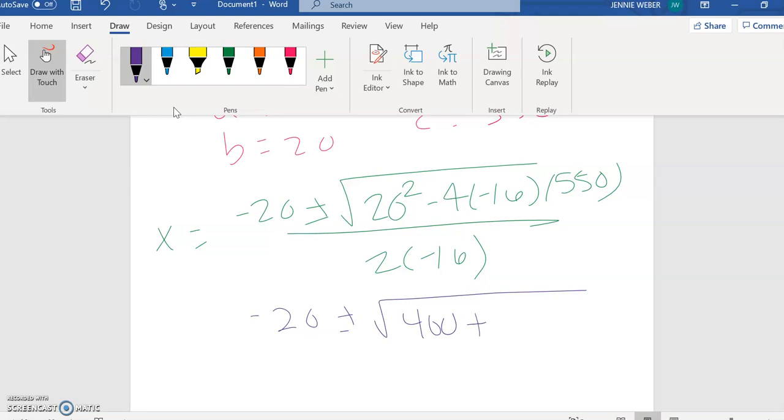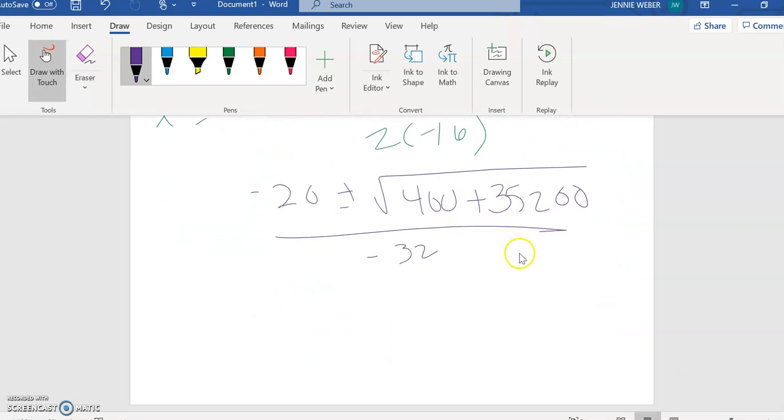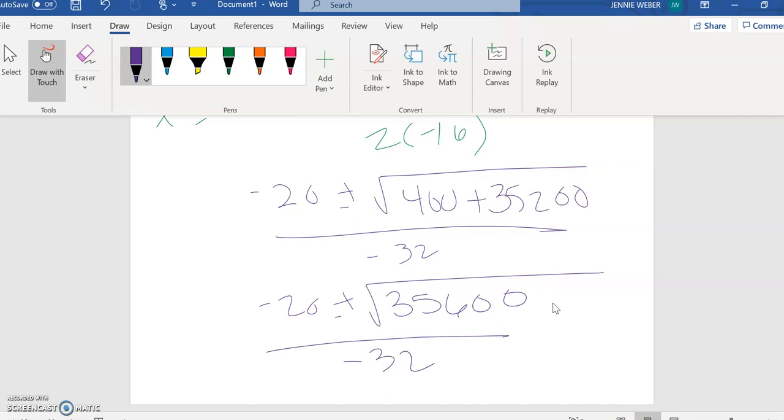I'm going to end up with a positive because of the two negatives, so 4 times 16 times 550 is 35,200, and negative 32. So then I have negative 20 plus or minus the square root of 400 plus this 35,200, so the square root of 35,600 all over negative 32.